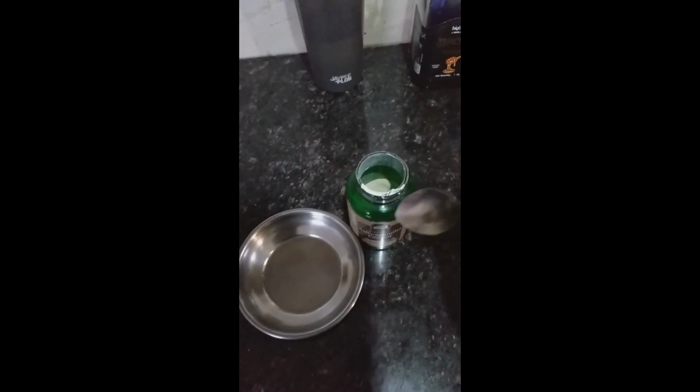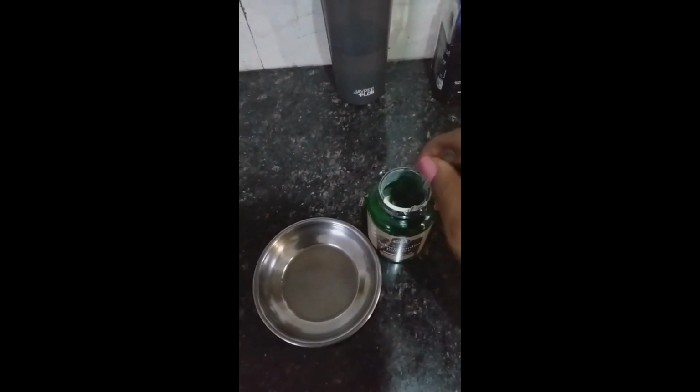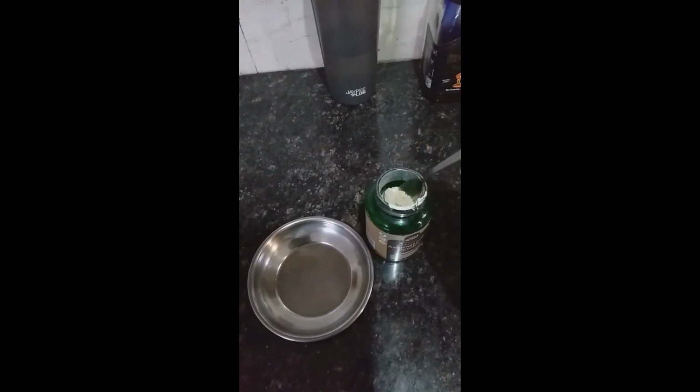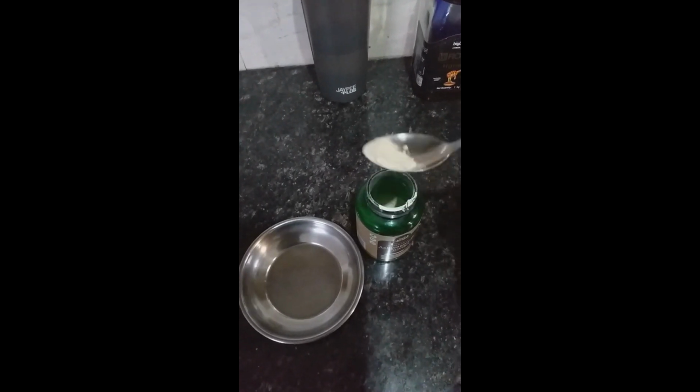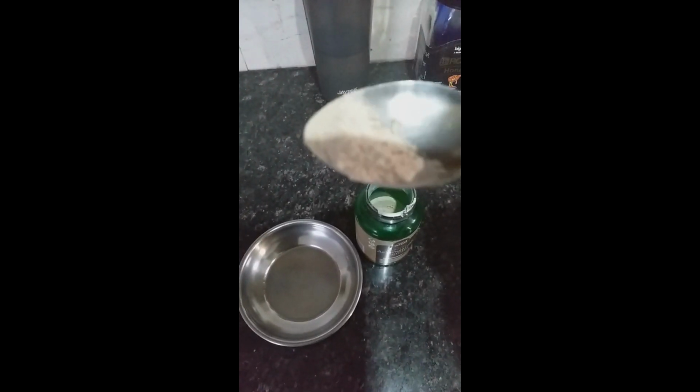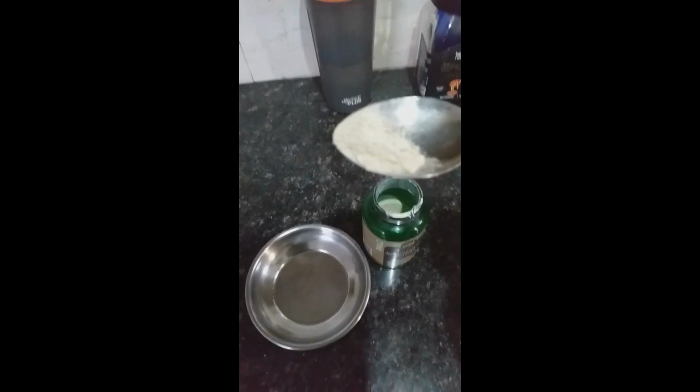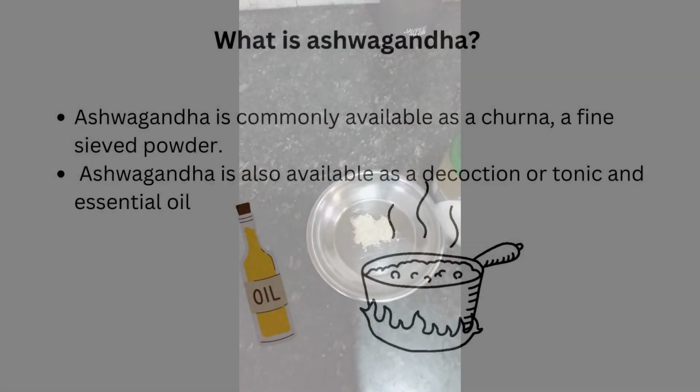Ashwagandha is commonly available as chana or finely sieved powder. This can be powder made only from the root or powder made using the whole plant. Ashwagandha is also available as a decoction or tonic and as essential oil.